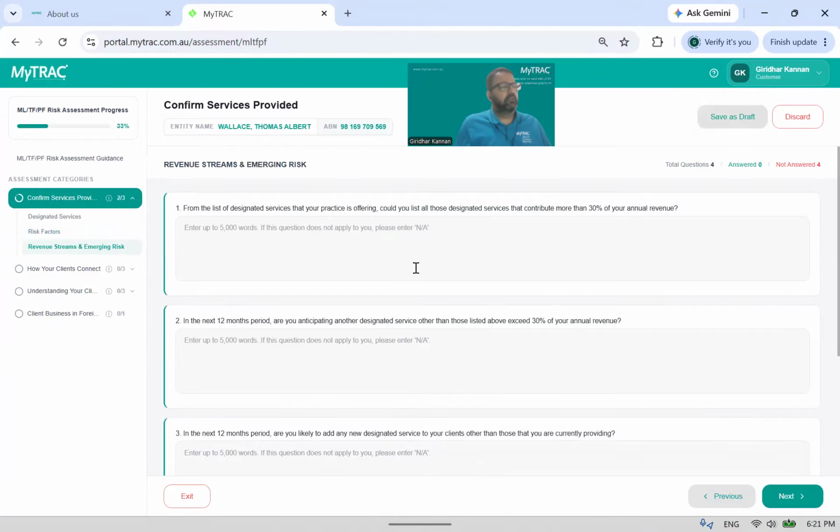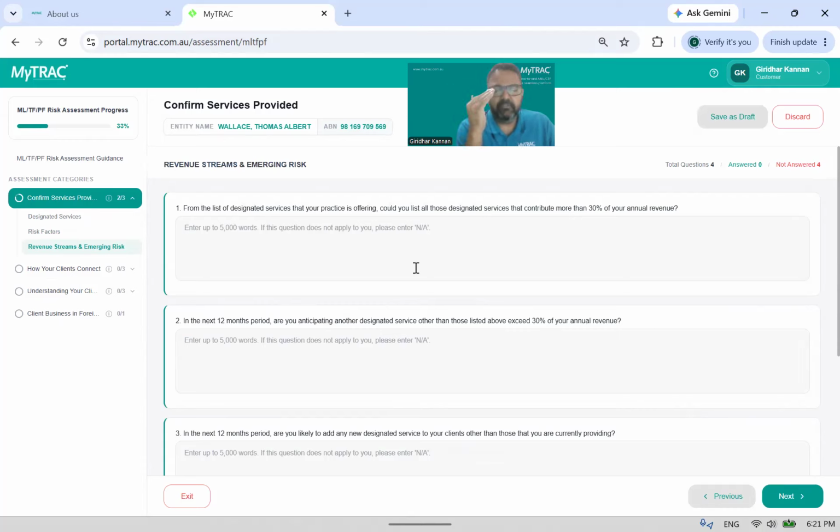Okay, here is something which is very unique to us. What we're trying to understand here is how much of designated services revenue contributes to your overall income. For example, you earn $100 as a total revenue. On the very first page, I answered yes to a few questions to say these are the designated services that our practice provides. Now, the sum total of all that revenue, does it exceed 30% of your total revenue or not?